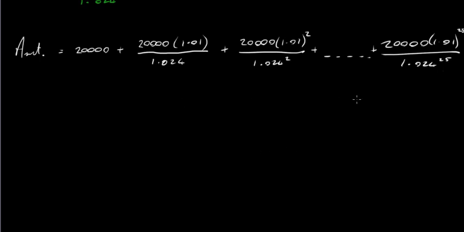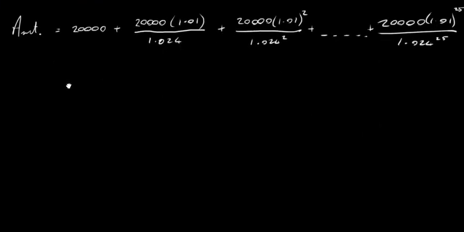So this is actually a geometric series. So what we're going to do is use that fact to add all these up, and that should give us our amount. There are a couple of ways of doing this. You can leave it as it is, but what I like to do is factorize out the common factor here, which is 20,000. You don't have to, but it sometimes makes it a little bit easier.